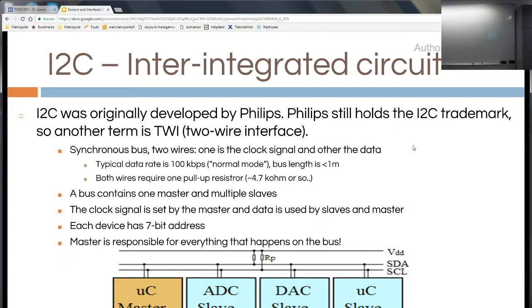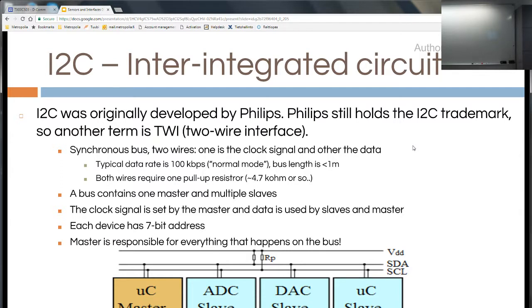Okay, both lines are of the open collector type, meaning that they are held up by a pull-up resistor to the power. Okay.